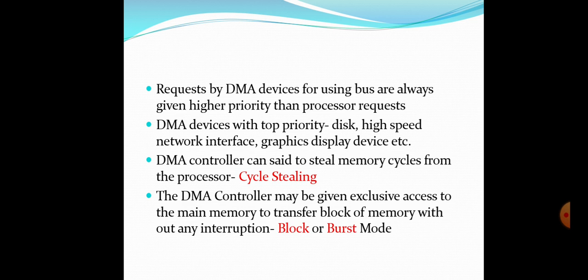Then the DMA controller may be given exclusive access to the main memory to transfer a block of data without any interruption. That means here a block of data is transferred from memory to the input output device without interruption of the processor. Hence, it is said to be in block or burst mode.